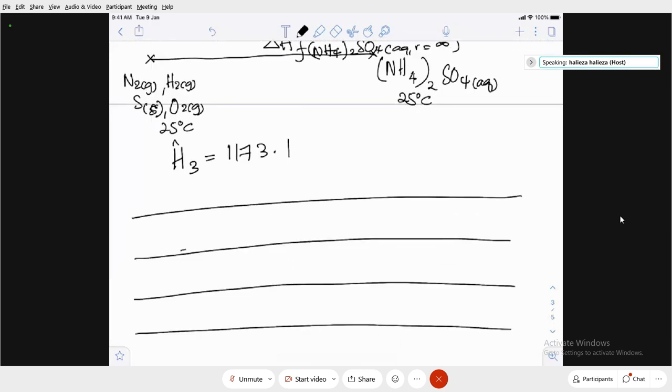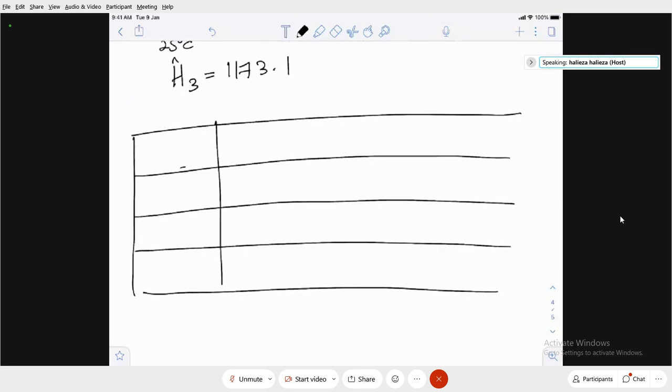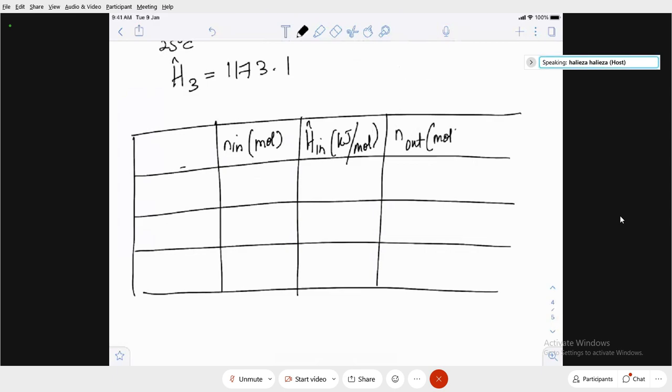I'm just going to go through this very quickly because it's almost time up. This is N in, that is the mole. Enthalpy in, that is kilojoules per mole. N out, mole. And lastly, enthalpy out, kilojoules per mole.